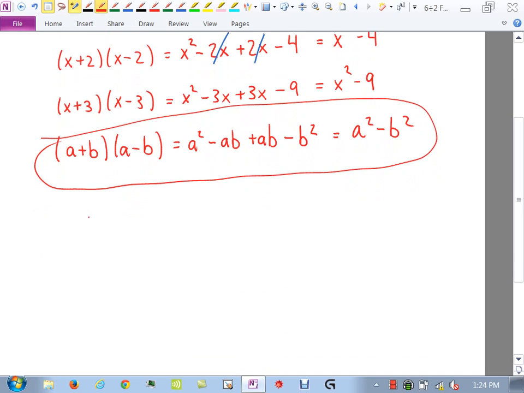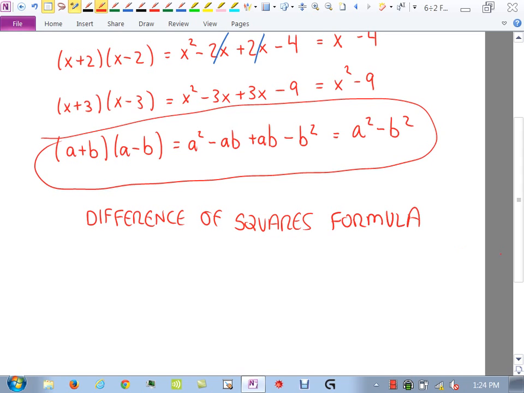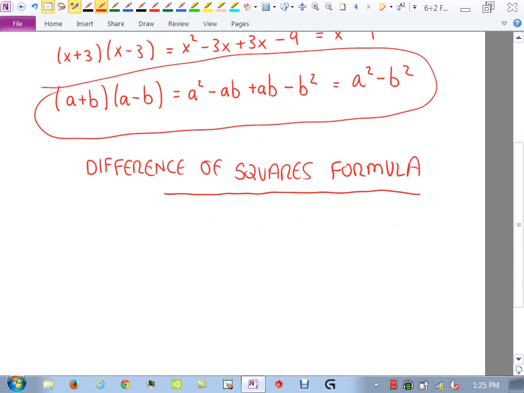So here's the formula. Difference of squares. It says this. If you have a squared minus b squared, so if you have something that's being squared and you subtract something else that's being squared, do you see why it's called difference of squares?